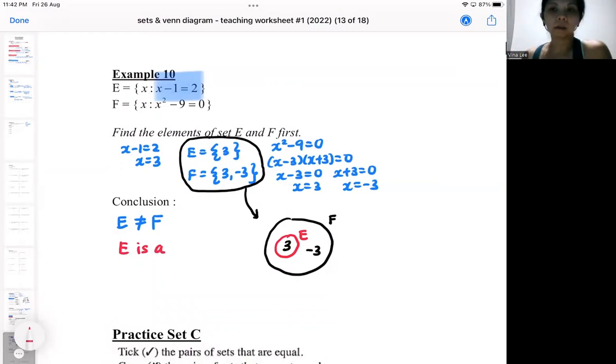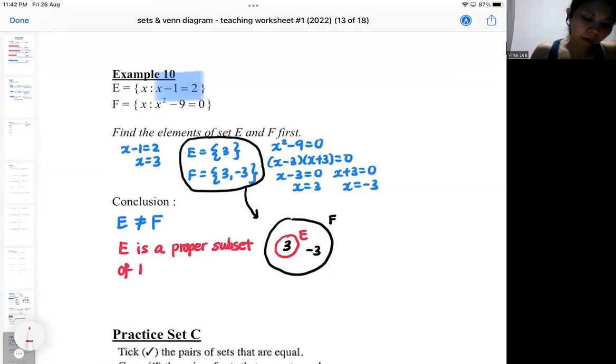So later on, there is a concept that relates to subset. So here it is a proper subset. So later on, I'll explain why it's called a proper subset. But anyway, for subset to happen, or what is your idea in your head about subset, you should think of a smaller set in a bigger set. So if it's a smaller set in a bigger set, that is considered a subset.